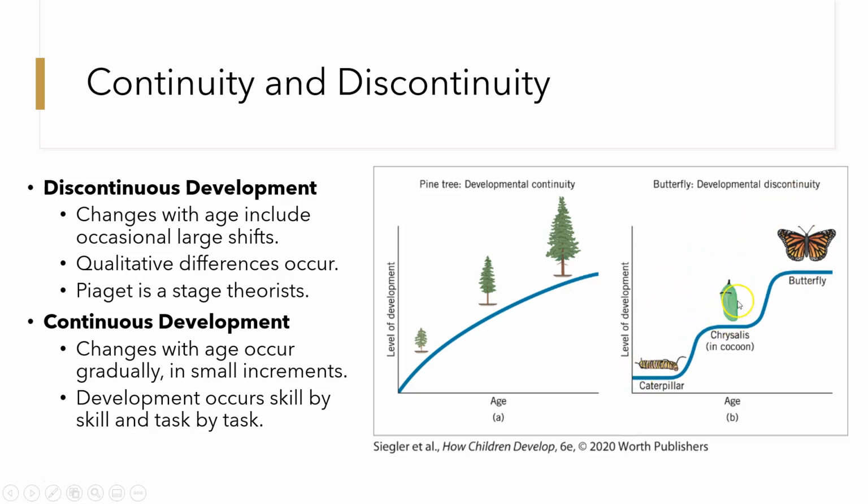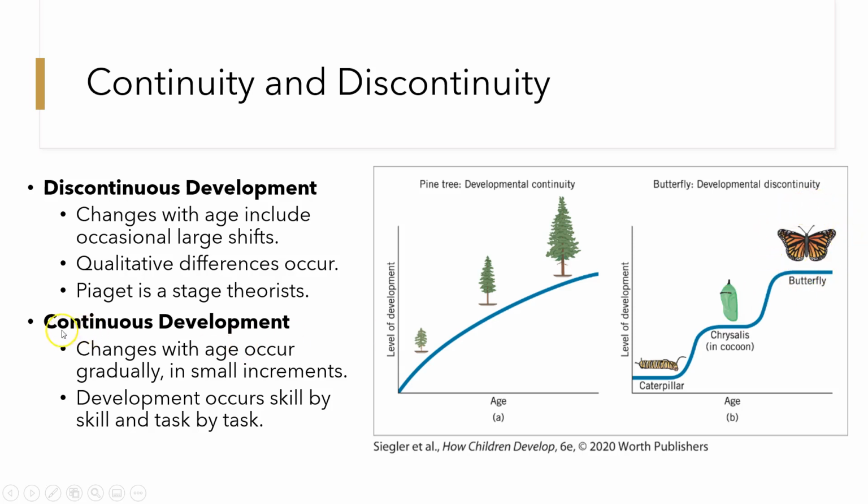So thinking of a caterpillar turning into a butterfly, there's some amount of time, this is age here, where the caterpillar is a caterpillar, and then you get a qualitative shift when that caterpillar turns into a chrysalis in the cocoon. And then there is another qualitative shift when that caterpillar becomes a butterfly.